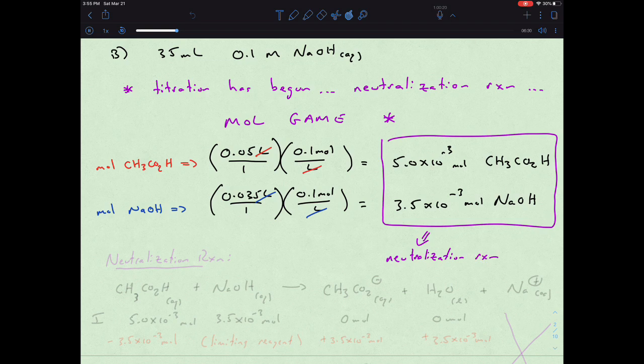So if we write out that neutralization reaction, we would have our starting material that we're titrating, namely the acetic acid.